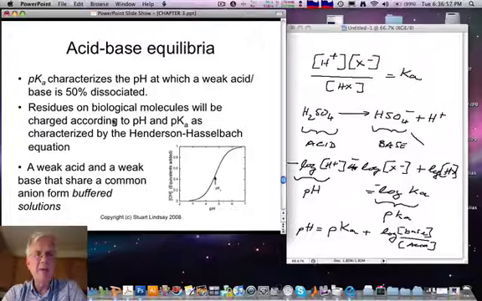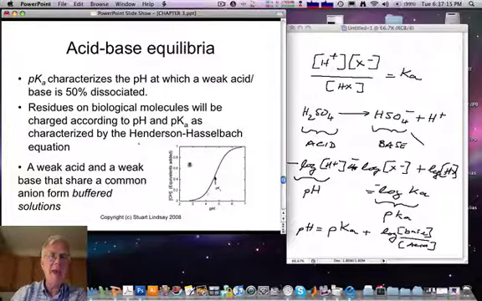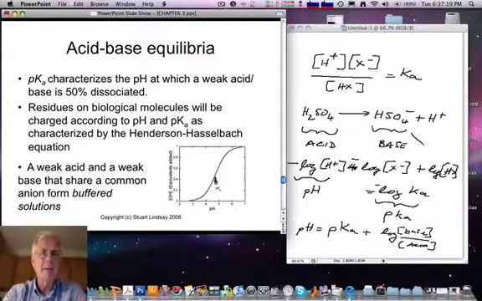The next slide shows the pH as a function of base added to a weakly dissociating acid with a pKa of around about 4.5.